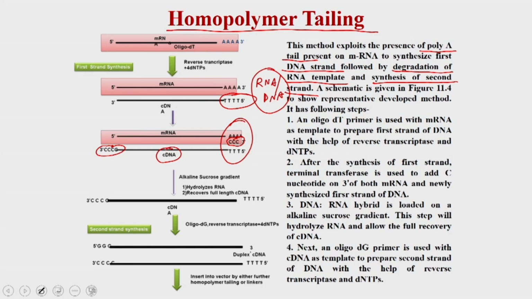Now, this DNA RNA hybrid, you will put it onto the alkaline sucrose gradient, and you know that the alkaline solution is going to degrade the RNA, and it does not do anything to the DNA, which means if you have the RNA DNA hybrid and you put it into the alkaline solution, that actually is going to induce the hydrolysis of RNA molecule, but it is not going to affect the DNA molecule.